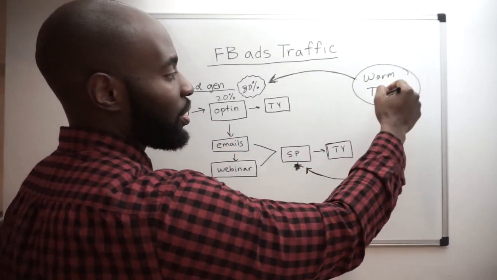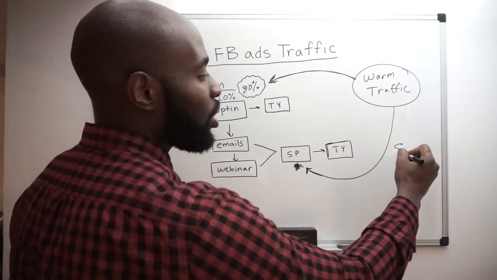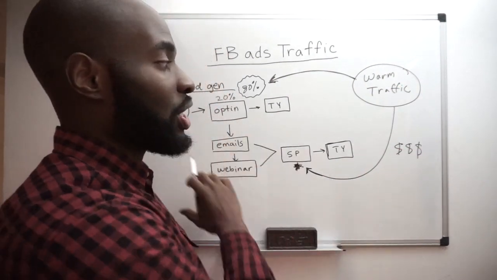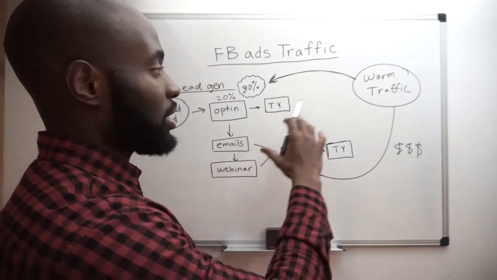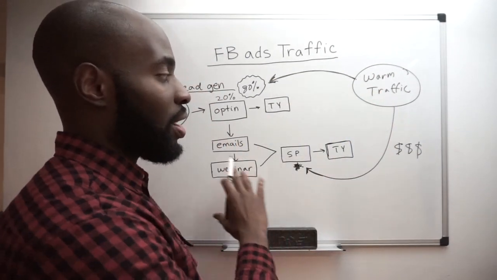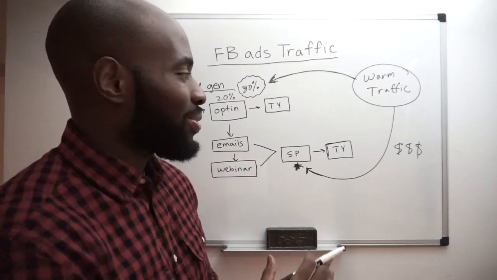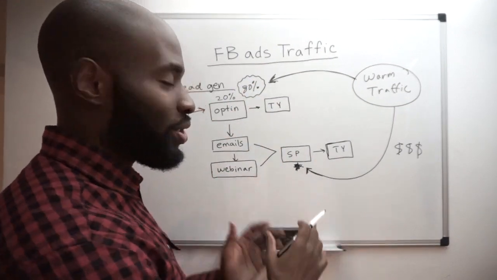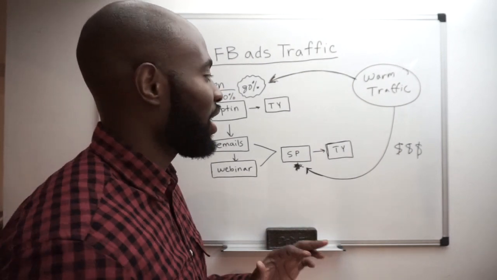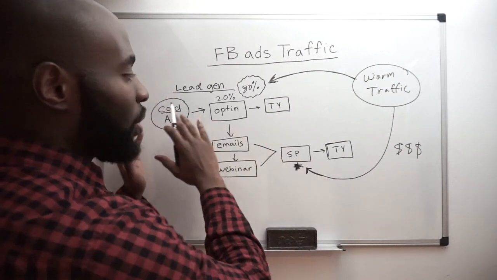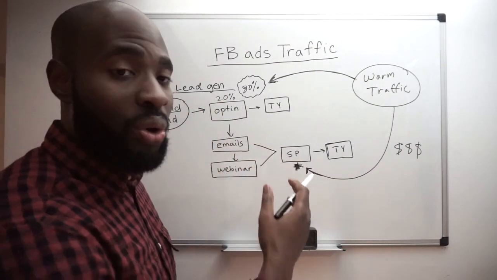So this ad right here is going to make you more sales, right? It's going to make your ad campaign in general more profitable because you are retargeting people who, for whatever reason, didn't buy or didn't opt in. So what we're basically doing here is we're kind of plugging up the holes in our funnel. If you realize that, you see how before this warm traffic, I talked about this here, we had this machine going, but there are little holes, right?